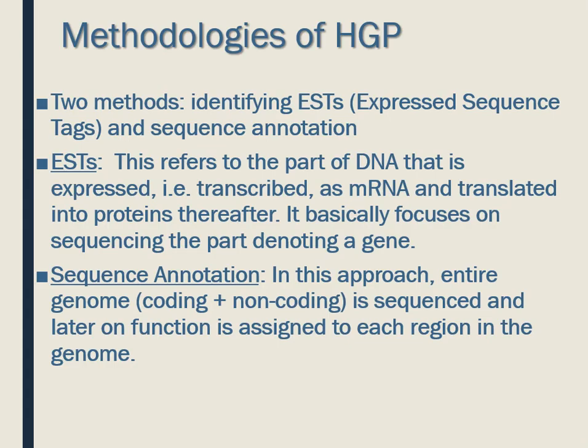Now, what are the methodologies of Human Genome Project? The method involved two major approaches. First is expressed sequence tags. This approach, called ESTs, focused on identifying all the genes that are expressed as RNA.